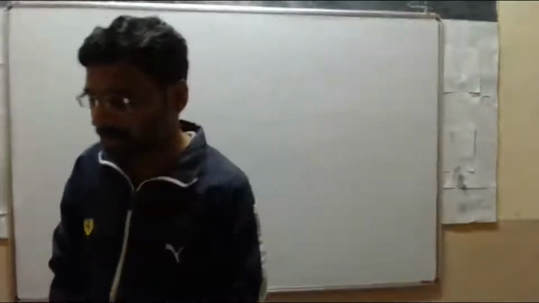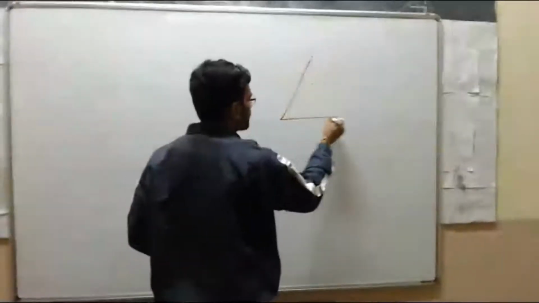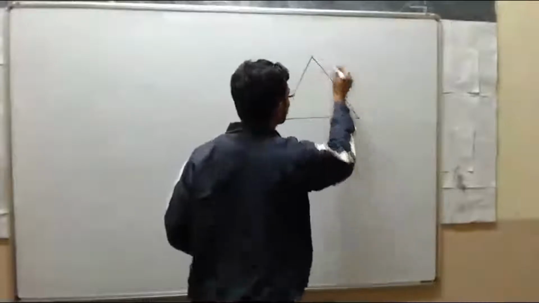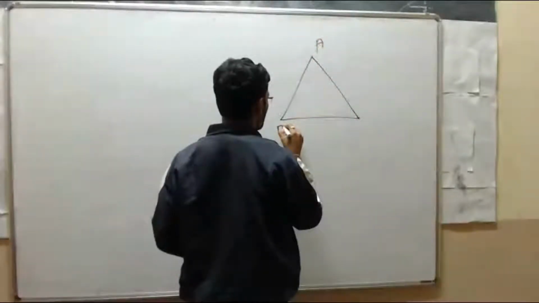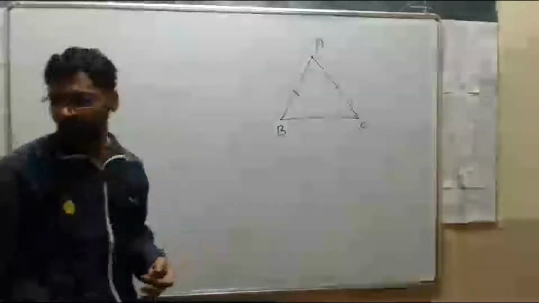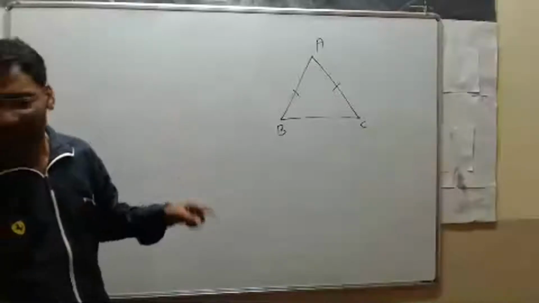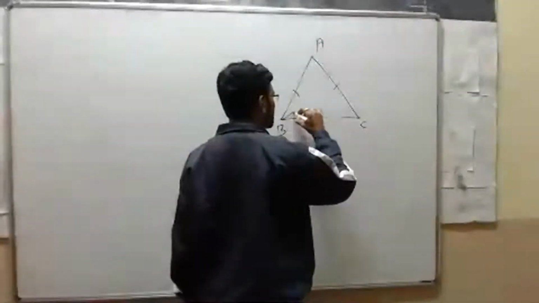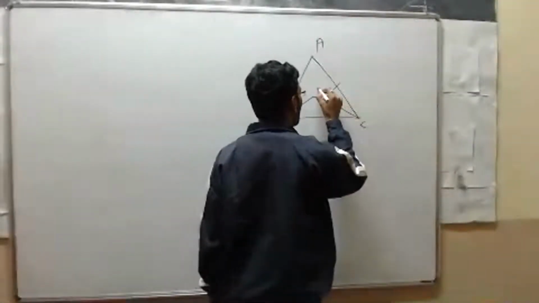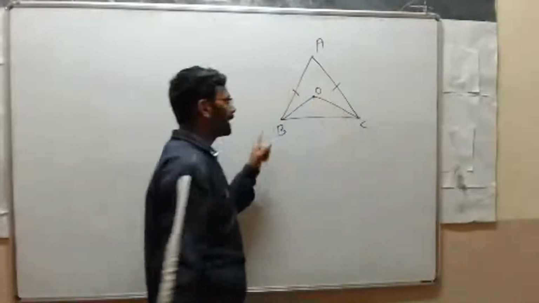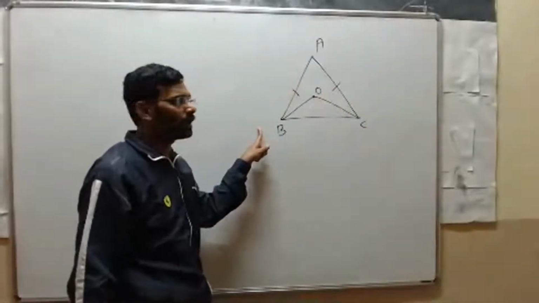Okay. First, in isosceles triangle ABC, two sides are equal, means AB equals AC. Next, the bisectors of angle B and angle C intersect each other at O. Bisector means it will divide angle B into two equal parts.